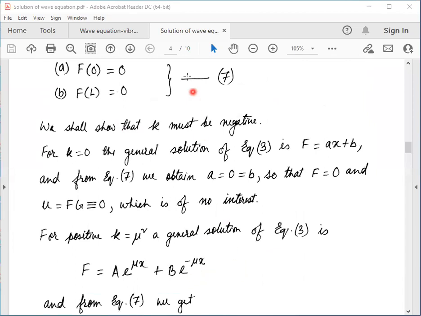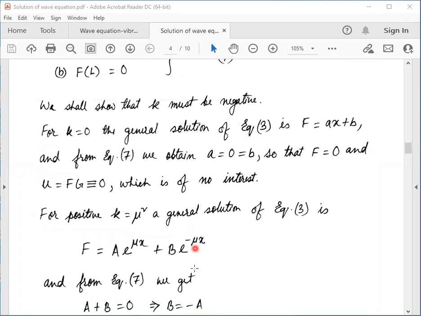That means this equation becomes a e to the power mu x minus a e to the power minus mu x, since b is equal to minus a.